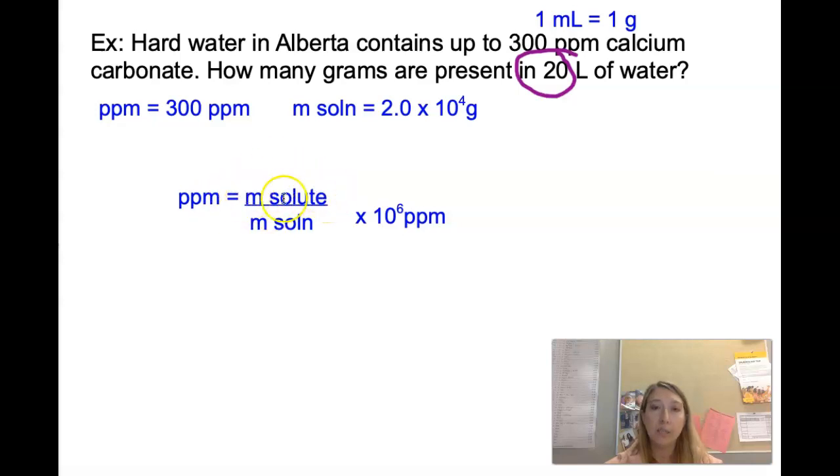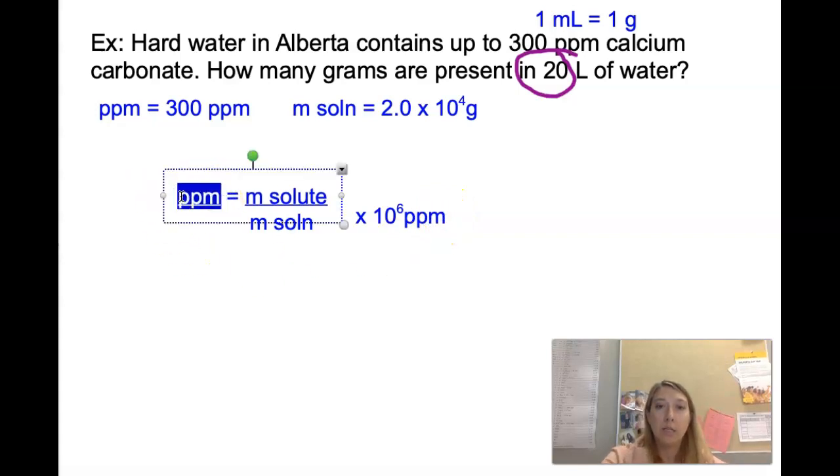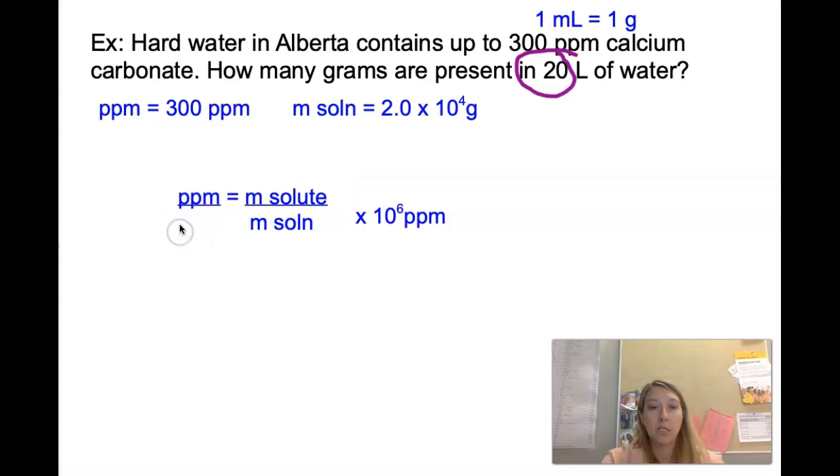So we need to isolate that. We're going to have to move some stuff around. Right now we're timesing by 10 to the 6 ppm. To move that over, we're going to have to divide by 10 to the 6 ppm.